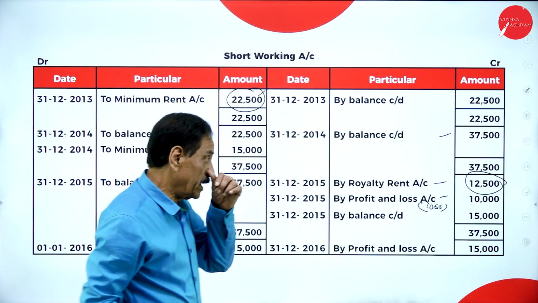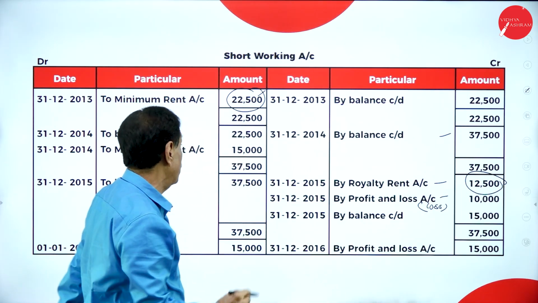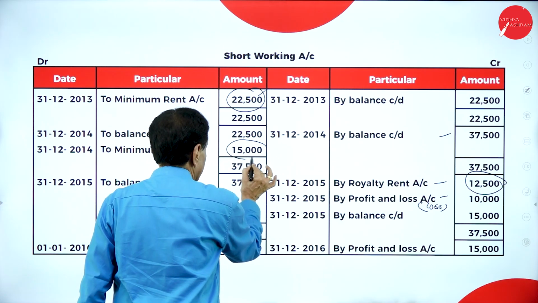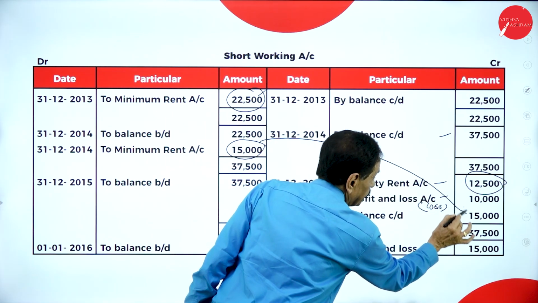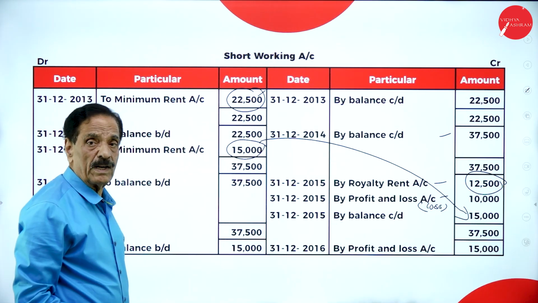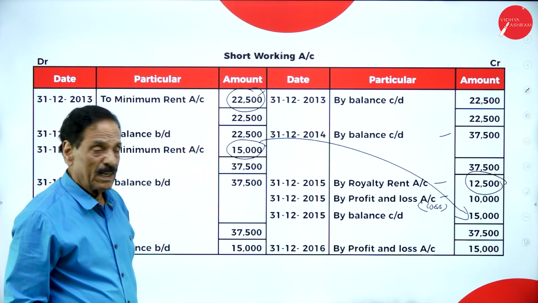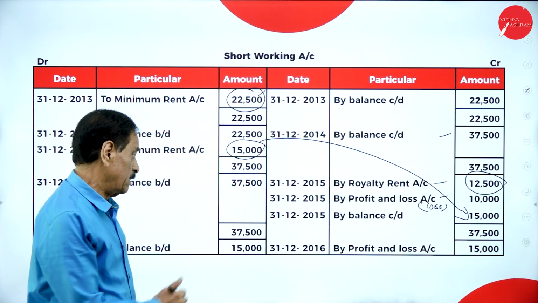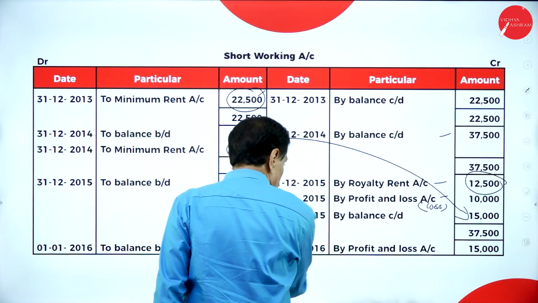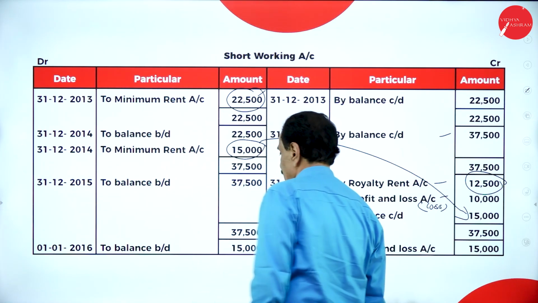How much you could not recover? 10,000. What's the balance? 15,000. Then next year royalty is more. How much recovered? 15,000. Whether you recover 15,000 by profit and loss on which could not be recovered, so transfer to profit and loss account.